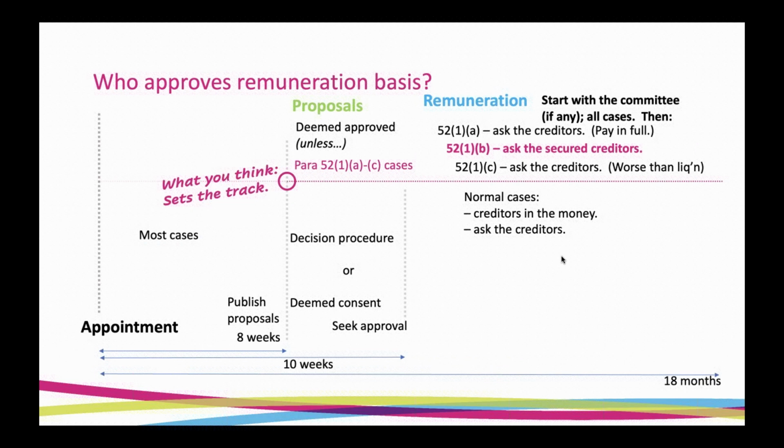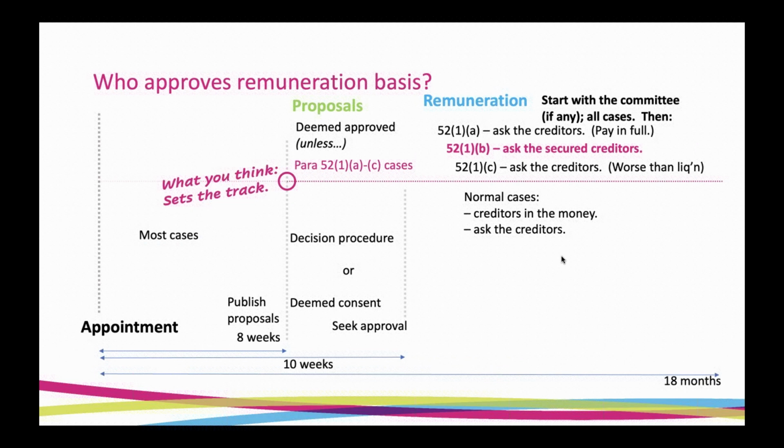You have to seek approval for your proposals within 10 weeks, unless it's a paragraph 52(1) track that you've put the administration on, in which case you could get your proposals deemed approved without needing the creditors to approve them. In other cases, you can have your proposals approved by deemed consent or a decision procedure.